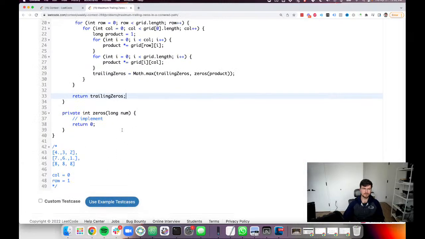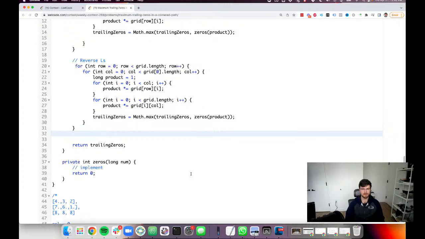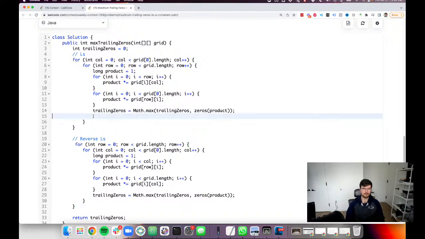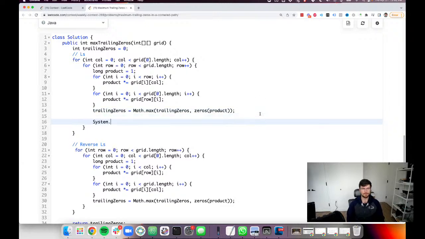Now, obviously, this is not implemented right now, or not all of this is implemented, but what I'm curious to see is, is this calculating the right values here? So what I kind of want to do is just print out some stuff and see.